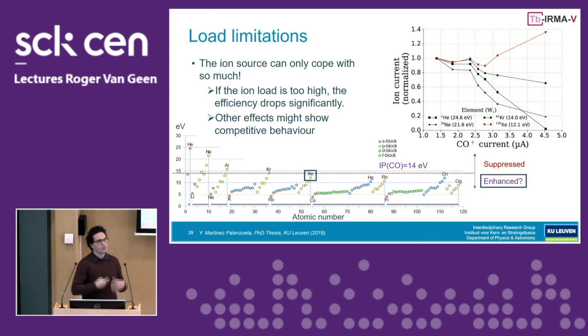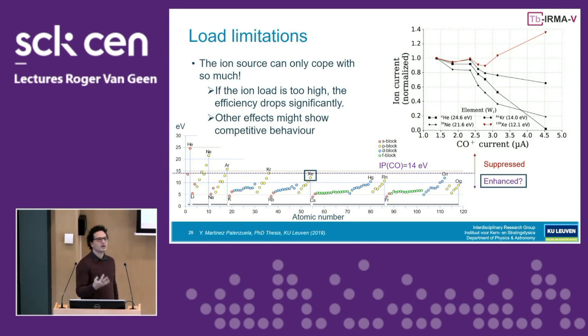That means the more CO plus you have, the more likely you are to exchange those charges with the xenon and produce the xenon plus beam. But the same is true in reverse for the others. To have more CO plus beam, you need to have more CO in your system. And so it's more likely to give away an electron and ionize itself to neutralize those guys, which is why you see those efficiencies going down.